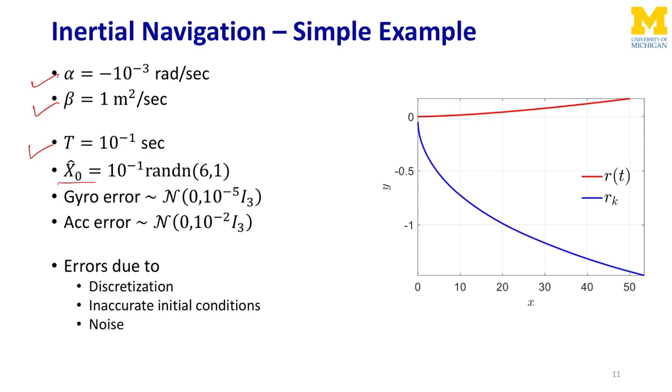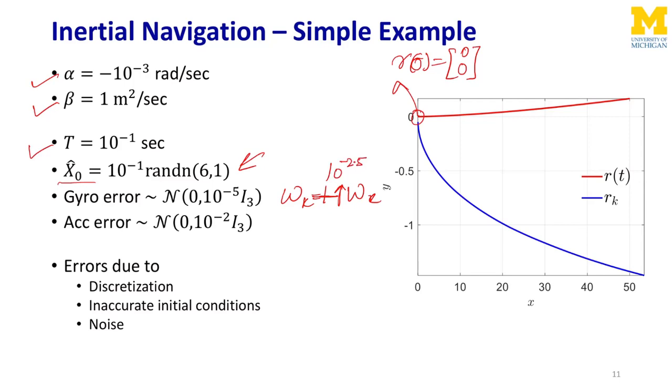So our true initial condition is actually 0, 0. So R of 0, I selected it to be 0, 0, but the model is going to have these 6 random numbers. The gyro measurement omega k is always corrupted by the gyro error, and the variance is 10 to the minus 5, so the standard deviation is 10 to the minus 2.5, because this is squared to get the variance.